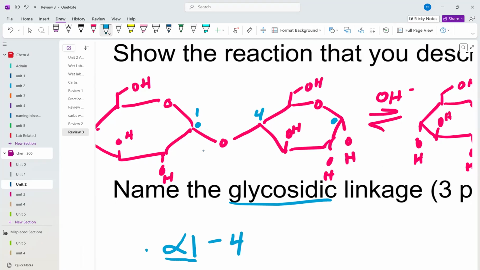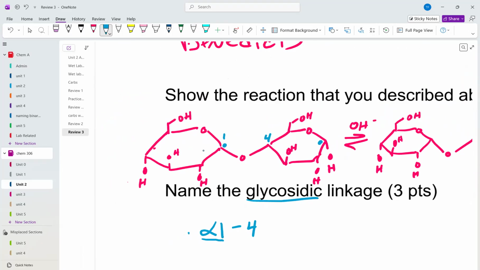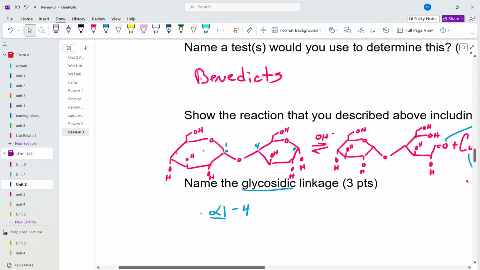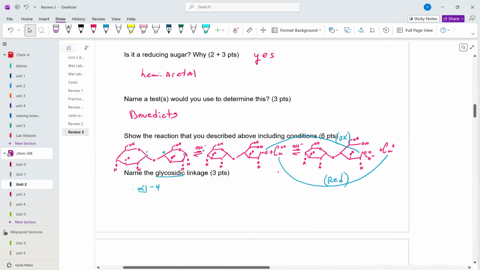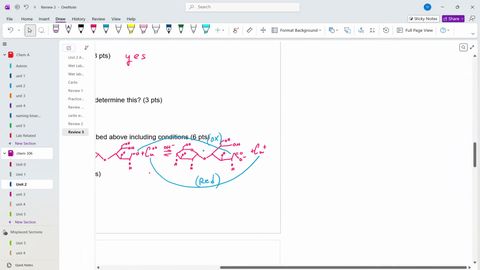So sometimes, like when you look at sucrose, sucrose has one anomeric carbon connected to another anomeric carbon. As soon as we connect to an anomeric carbon, it can be up or down, so you have to say alpha or beta. So let me do sucrose for you. Sucrose is kind of a vertical molecule.